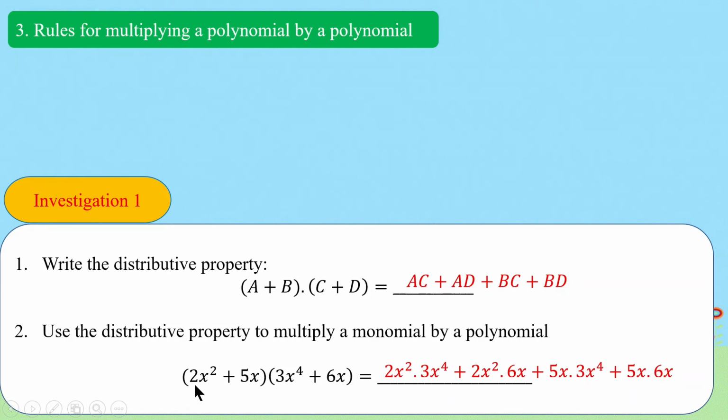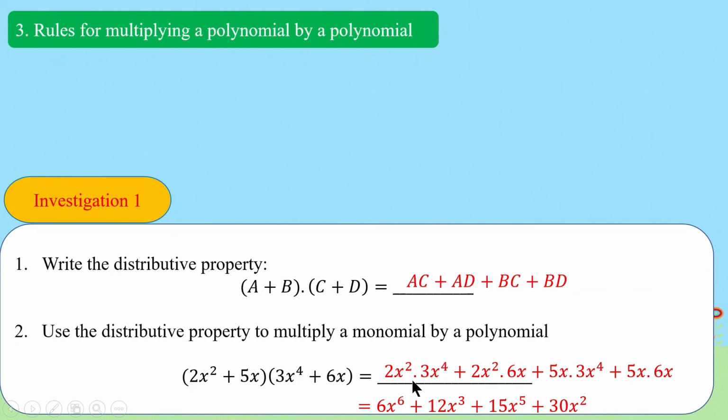Here, I will take the first term and multiply by the first term. It is 2x squared times 3x to the fourth. Same, 2x squared times 6x right here. And you do the same with the other terms. Now, it is simplification. In the first term, 2 times 3 is 6.